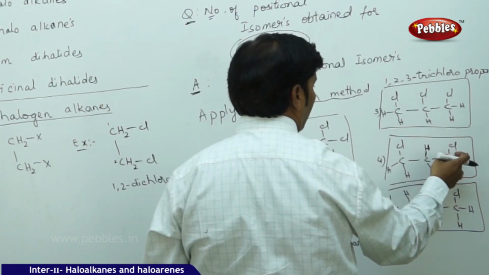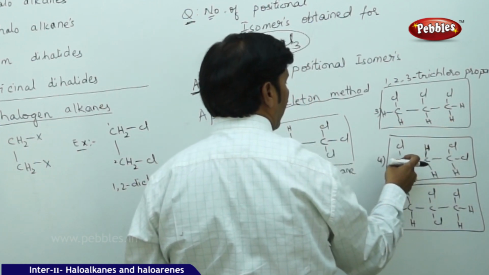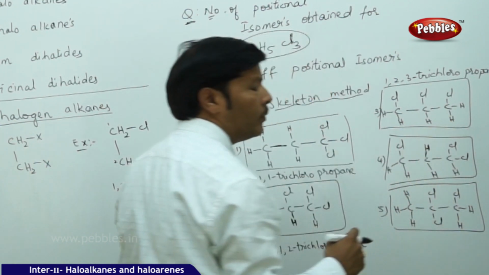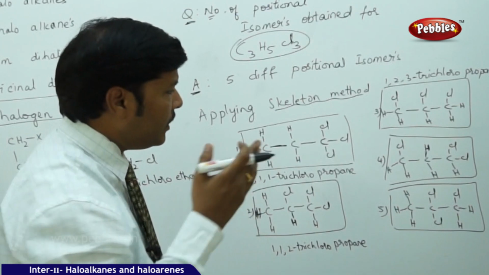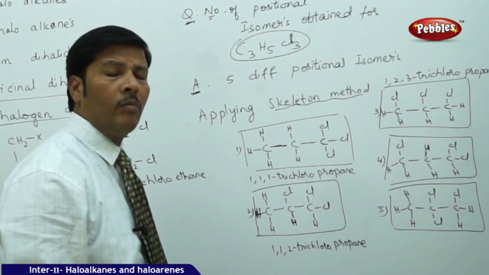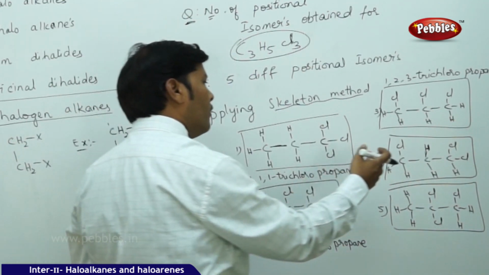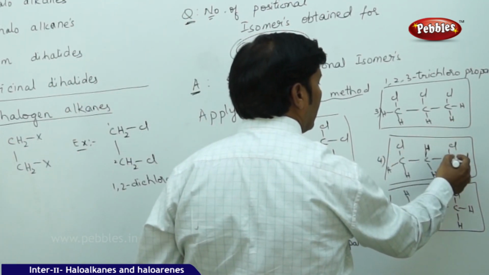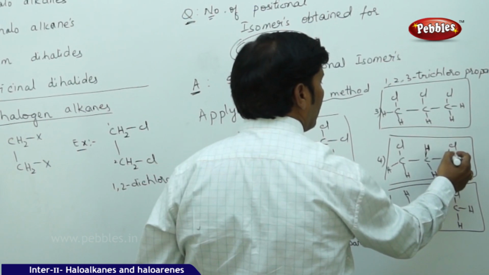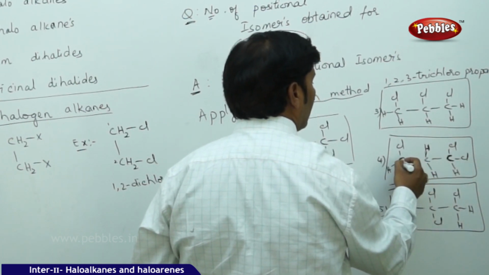On this particular carbon there are 2 chlorines, and on this particular carbon there is only 1 chlorine. So you have to give priority to the carbon which has the maximum number of substituents. Here on this carbon there are 2 substituents, and for this carbon there is only 1 chlorine.